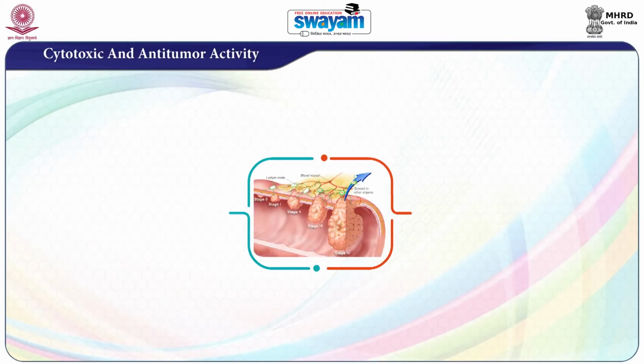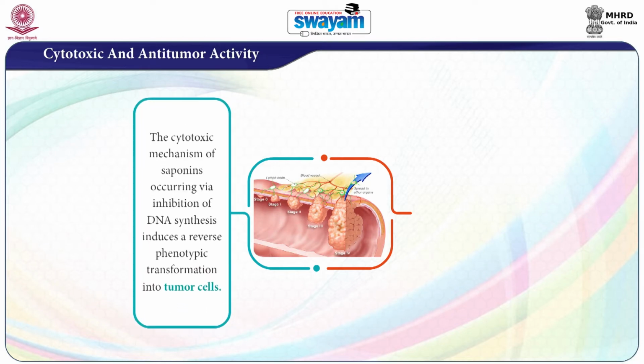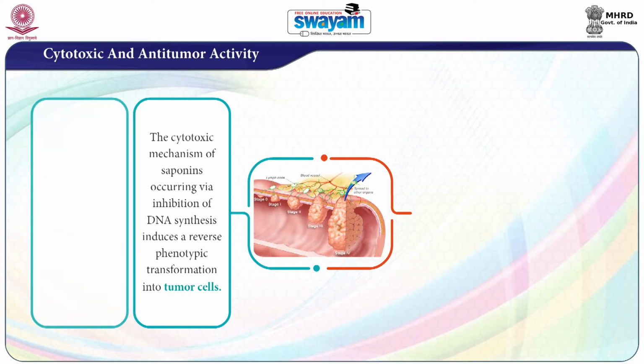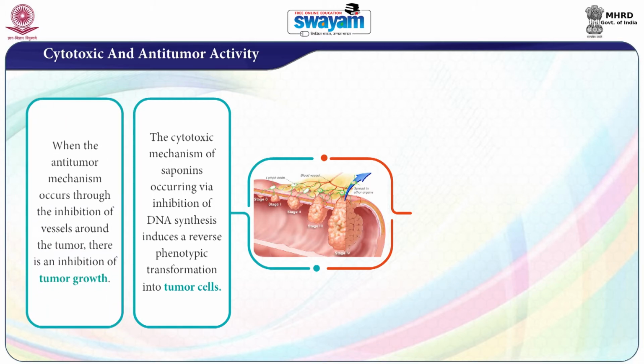Let's now see cytotoxic and anti-tumor activity of saponins. The cytotoxic mechanism of saponins occurs via inhibition of DNA synthesis and induces a reverse phenotype transformation into tumor cells. When the anti-tumor mechanism occurs through inhibition of vessels around the tumor, there is an increased inhibition of tumor growth.